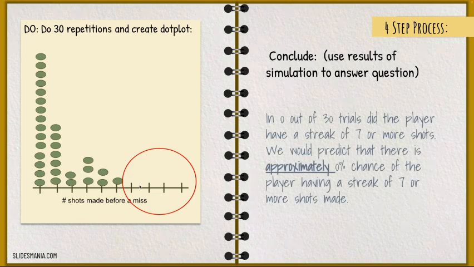So in 0 out of the 30 trials, the player had a streak of 7 or more shots. We would predict that there is approximately 0% chance of the player having a streak of 7 or more shots. So that means that the player is streaky. Once he makes 1, he kind of gets on a roll. Okay, so that's how we would do that simulation.